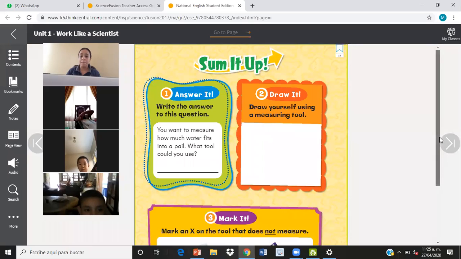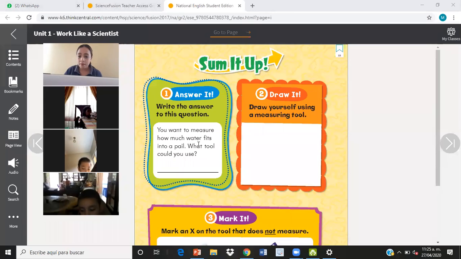Now sum it up. Write the answer to this question. You want to measure how much water fits into a pail. A pail es una cubeta, okay? Pail es una cubeta. What tool would you use to measure water?